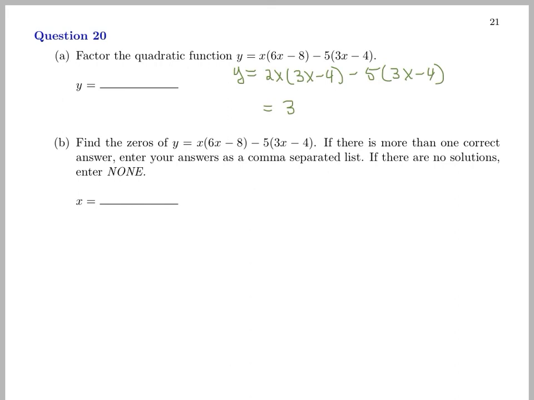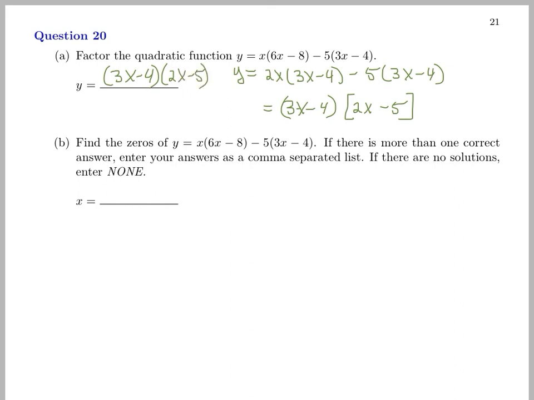And so we can factor out 3x minus 4 from both now, and we'll get left 2x minus 5. So that's our answer here, 3x minus 4 times 2x minus 5.